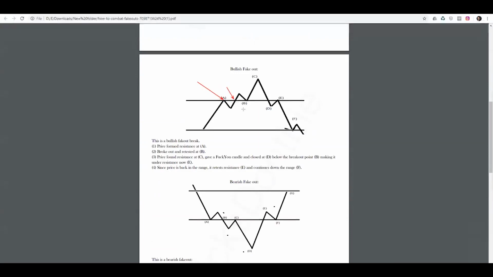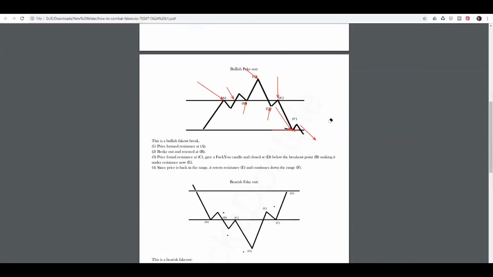This is a breakout, retested at B. Found resistance at C, made a high, and then we had a big candle that closed back down at D, and then it retested the breakout point at E. The same resistance that was retested here and the same support that was retested here. And now there's a high chance the price will continue moving down and create a support at F, and if there's still momentum, it's going to continue moving down.